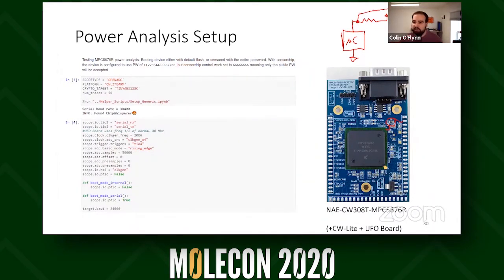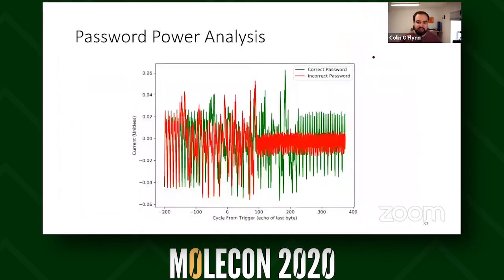Why this works is that as the current across the resistor changes, the voltage across the resistor is the current times the resistance. So we get a changing voltage, we can monitor that and get these power traces. This is what it looks like here.